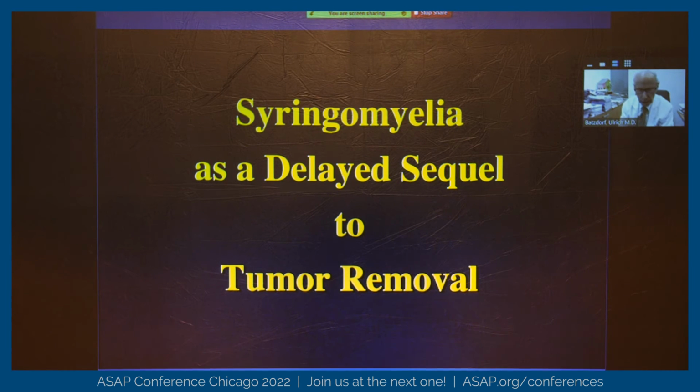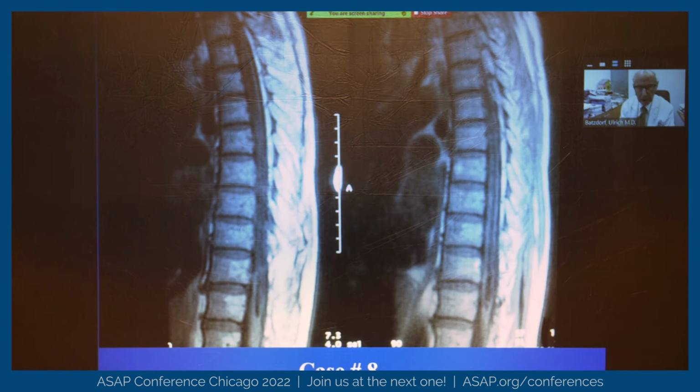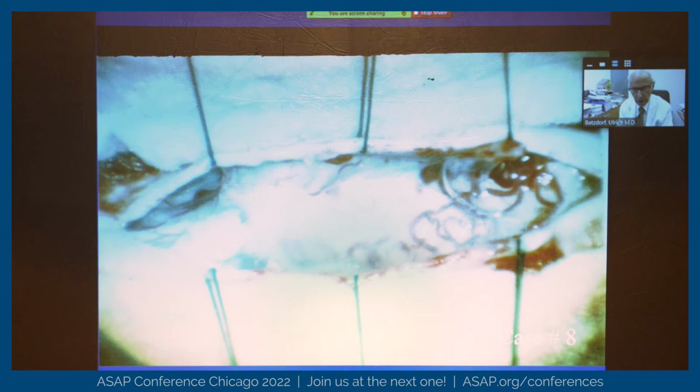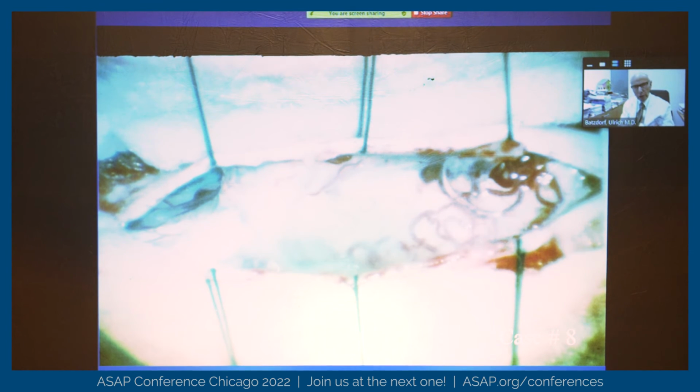I already alluded to the fact that surgery from tumor removal can lead to scar tissue formation. Next. And here is a case in point. Next, please. And here's the scar that was encountered by us in this patient who had undergone prior removal of a benign tumor of the spinal cord, but there was scar tissue formation in the subarachnoid space that created the mechanism by which syringomyelia developed.